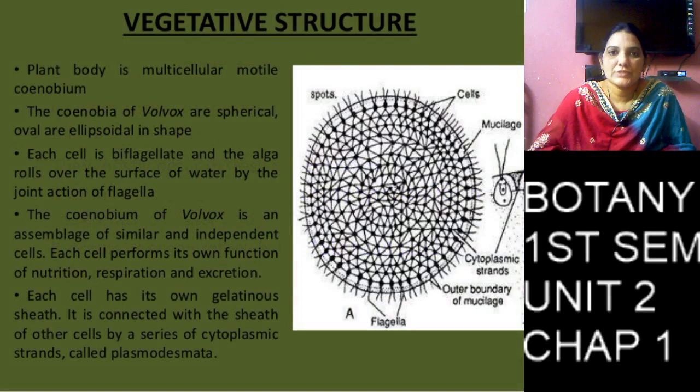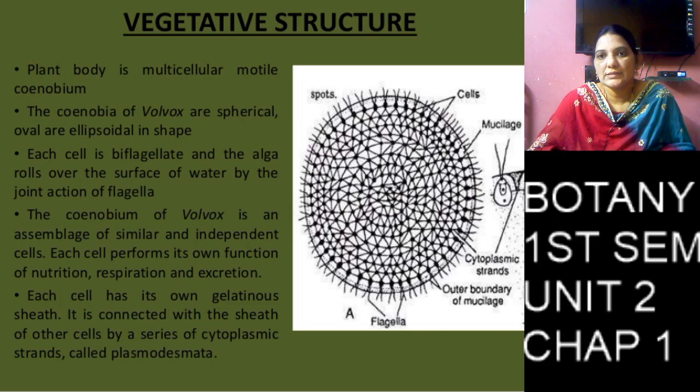Coming to the vegetative structure of Volvox, it is a Cenobium: colonial, motile, with flagella. So that is called Cenobium. What is meant by Cenobium?